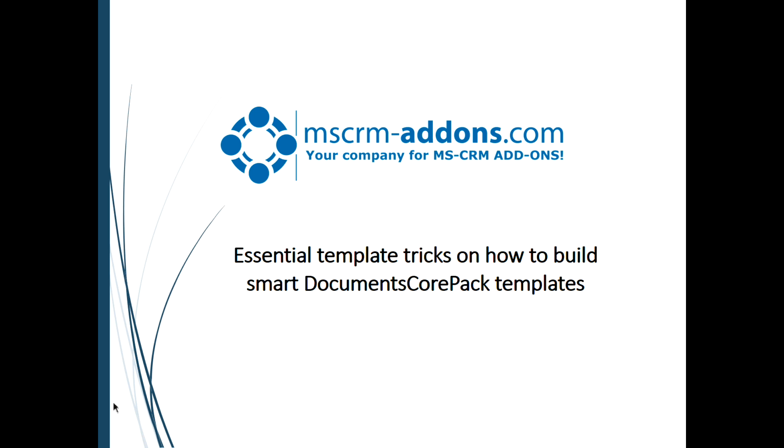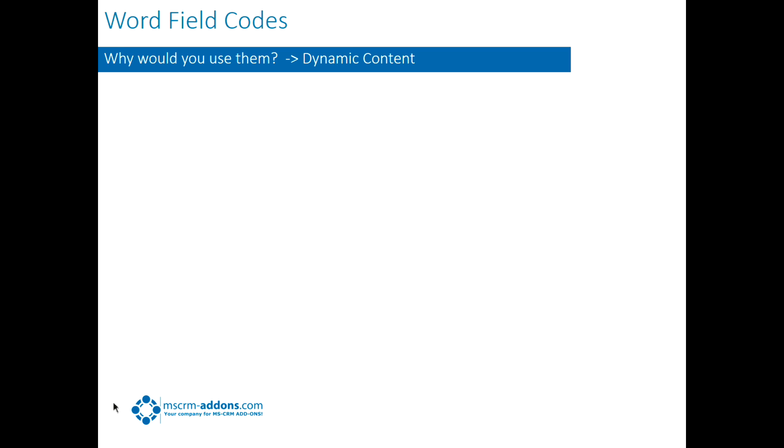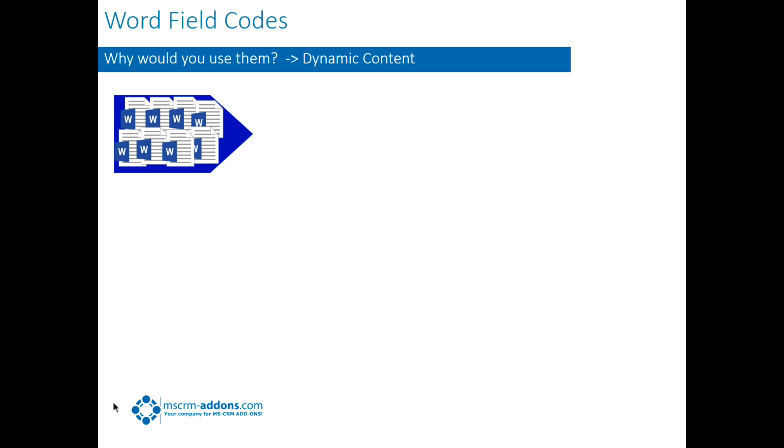So moving on, let's talk a little bit about what we're doing. Today we're looking at Word field codes and why you would use them. The main answer is that you want to create dynamic content. What we usually find with our users of DocumentsCorePack is that they have a lot of templates, for pretty much anything.